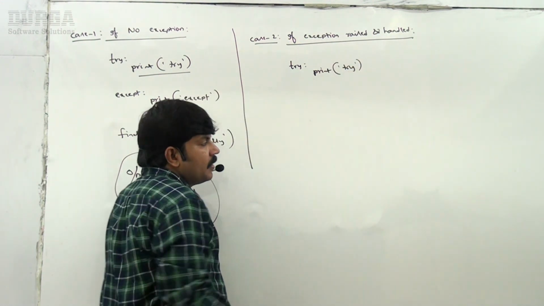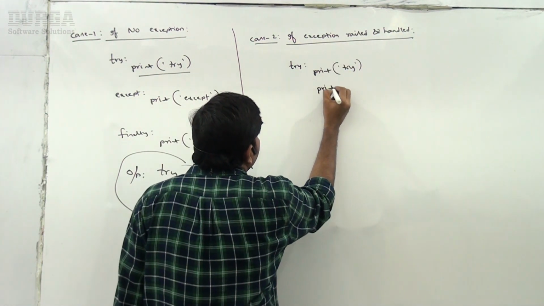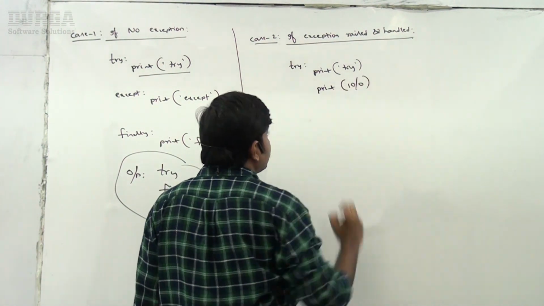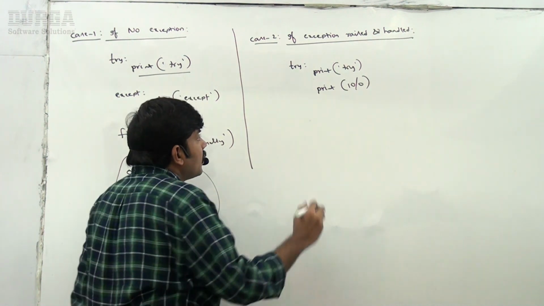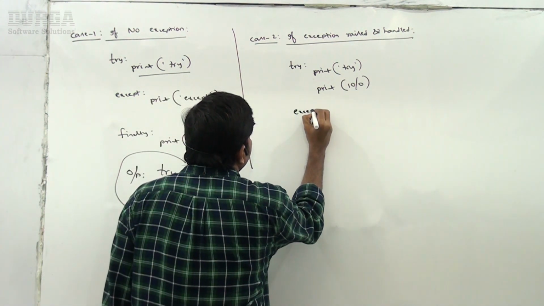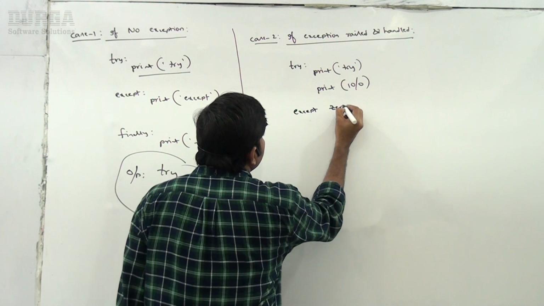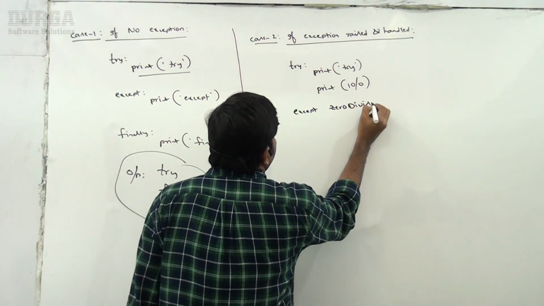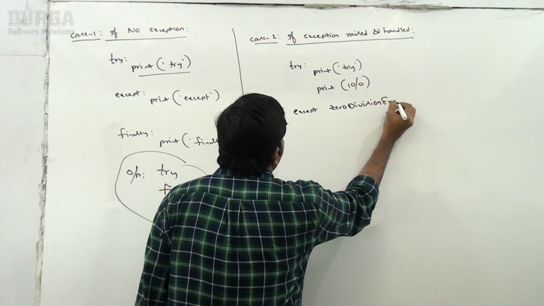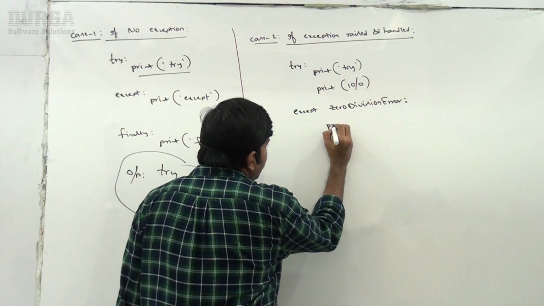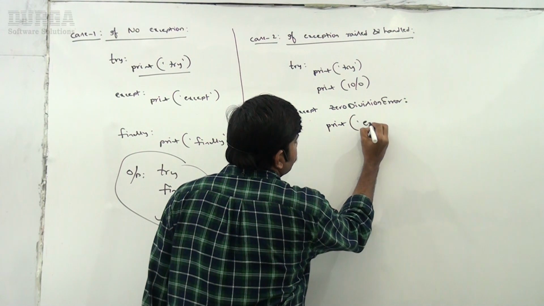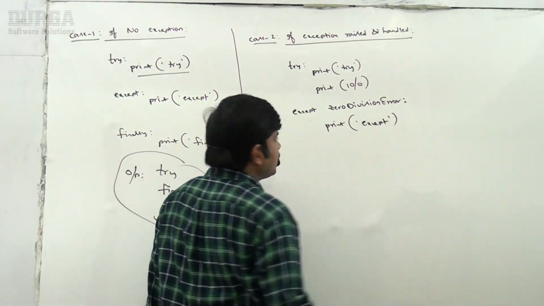Print of try. Next, print of 10 by 0. An exception got raised. ZeroDivisionError is going to come. Now, except ZeroDivisionError I'm getting. Here, print of except block.